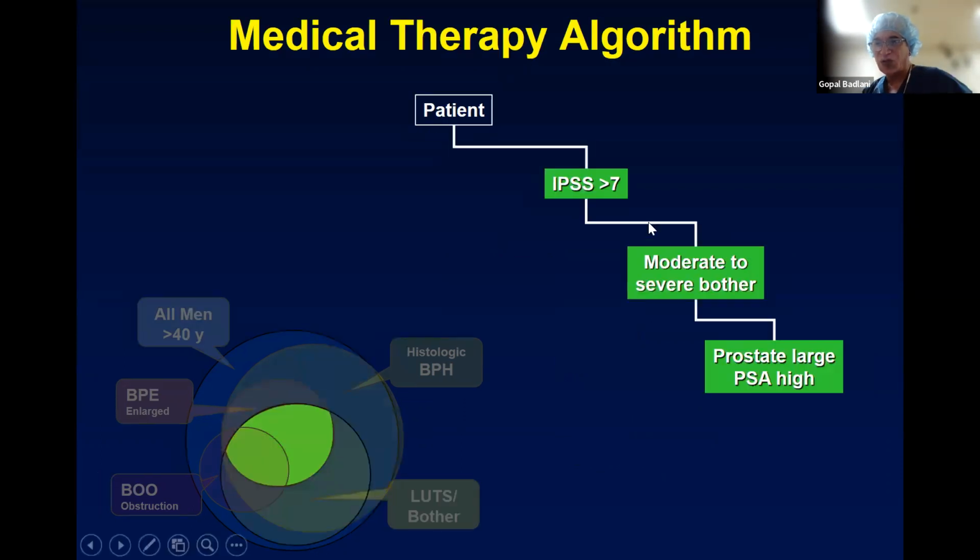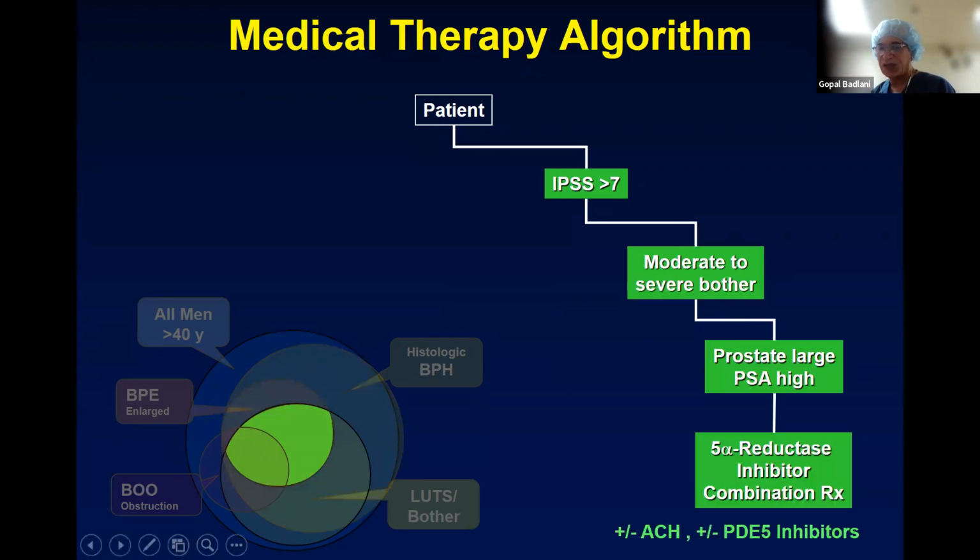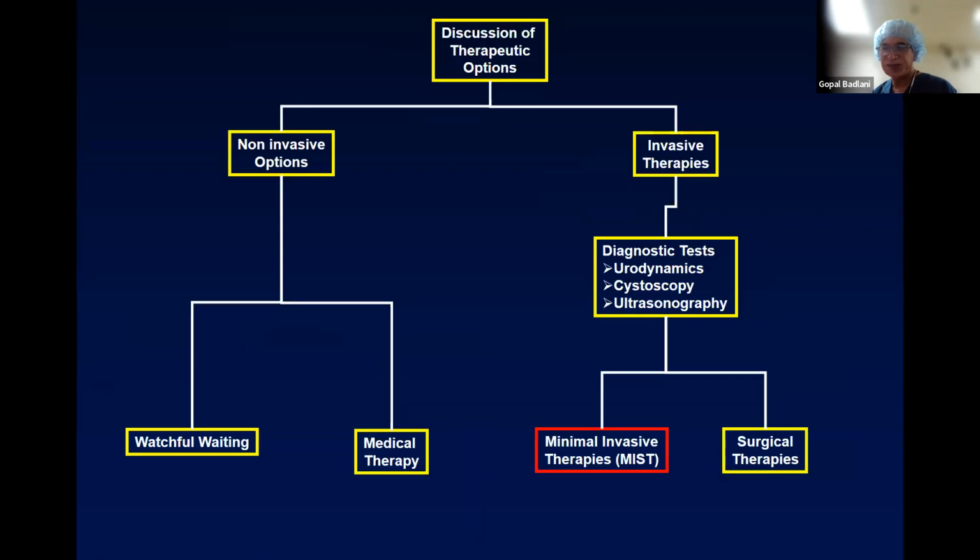The person who has moderate to severe bother and high PSA, depending on the volume, you end up using what else is to be used in the medical algorithm. What they have is a combination of 5-alpha reductase inhibitor combination therapy. You end up using 3 drugs in this situation, which is not very helpful.